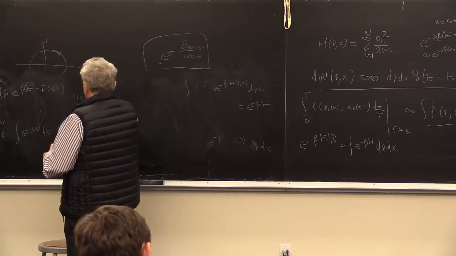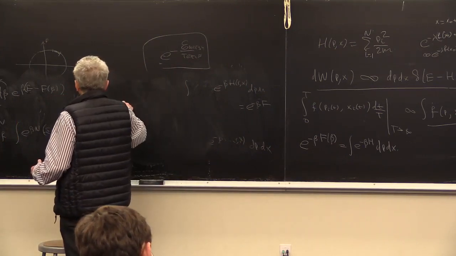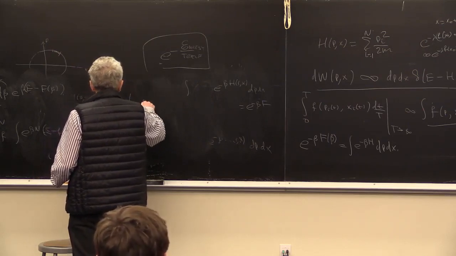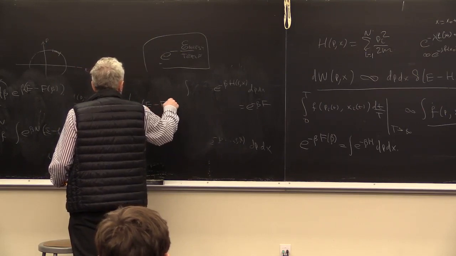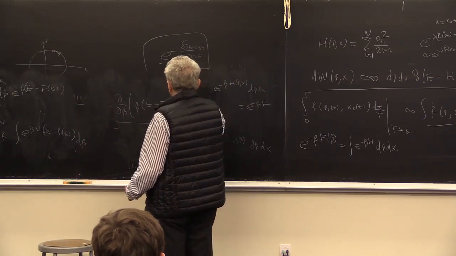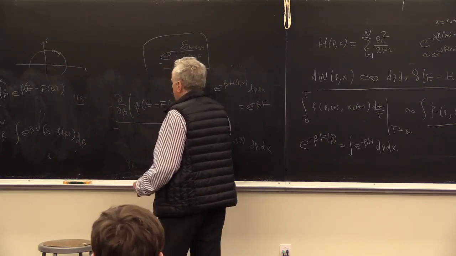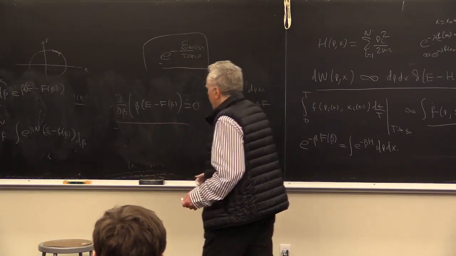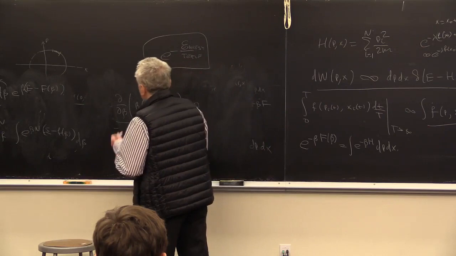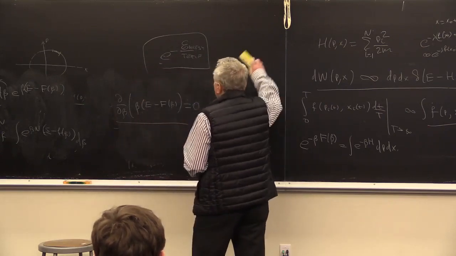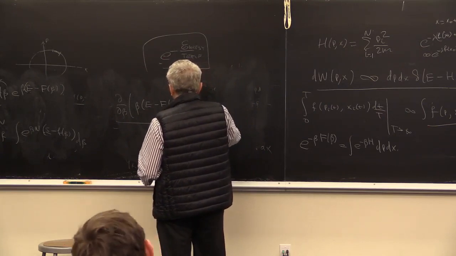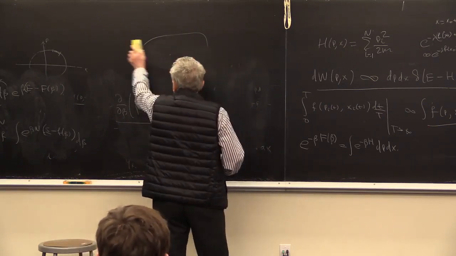So all you have to do is take the minimum over beta of e minus f of beta, and set the derivative to 0. That gives the relation between temperature and beta. So let's see what kind of relation this is.